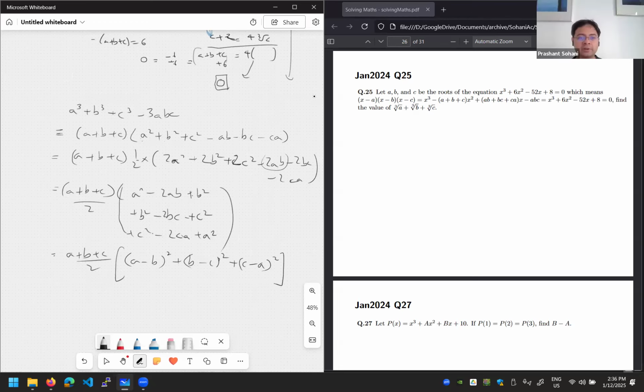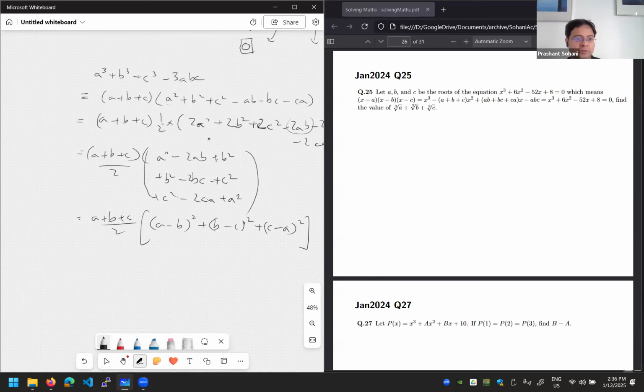Okay, so this is a slightly different version of the same identity. The LHS is the same, so I'll not change the LHS. Okay, so a cube plus b cube plus c cube minus 3abc is equal to a plus b plus c by 2 into a minus b bracket square plus b minus c bracket square plus c minus a bracket square.